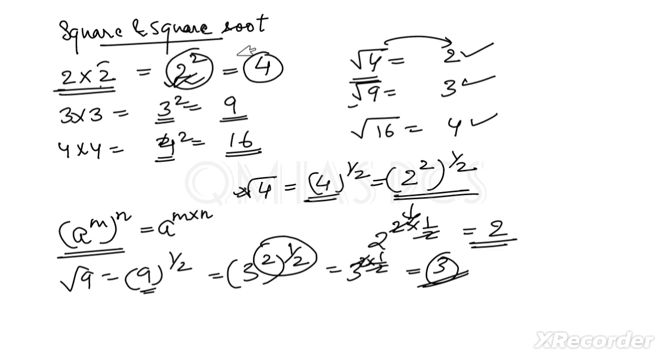Okay, now let's see how to find by what number we can multiply a number, if that number is not a square of any number, to make it a square. Let's see an example.